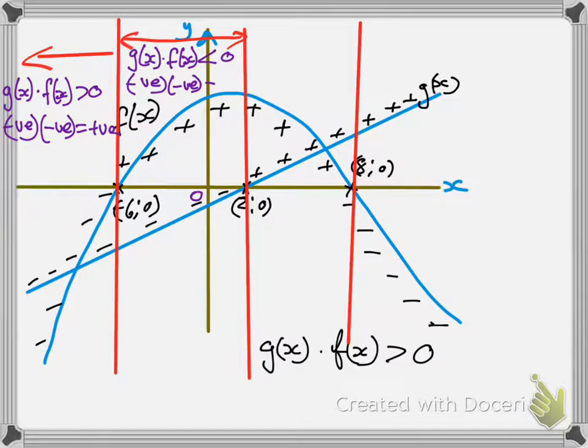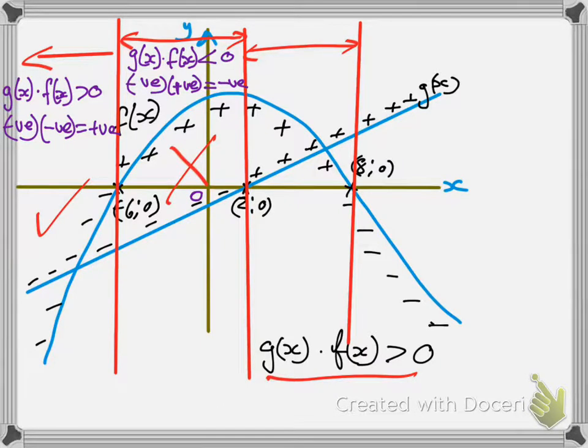Negative times positive gives you a negative value. Do you see that? So in that zone, it does not satisfy the inequality I'm given, so I will exclude this zone.